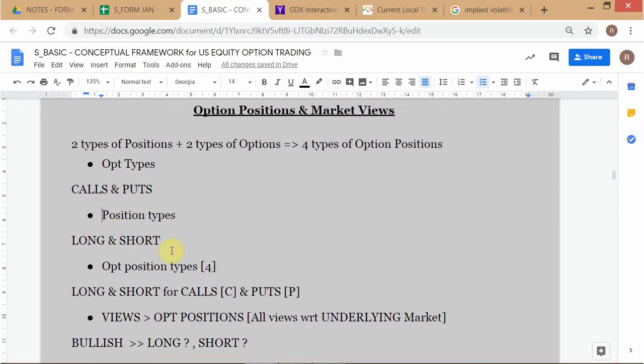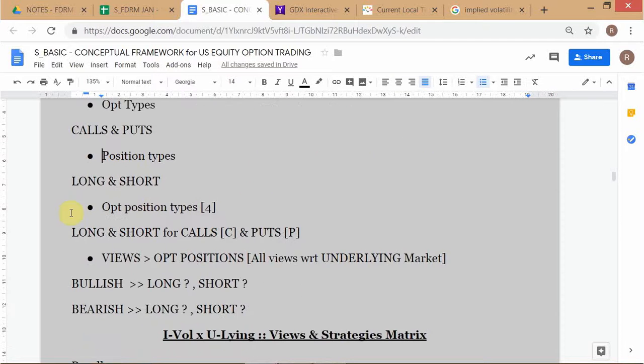Long and short. So when you combine these two, the types of options and the types of positions, you end up with 4 types of option positions: long calls, short calls, long puts, short puts. Okay, so these are your 4 types of option positions.